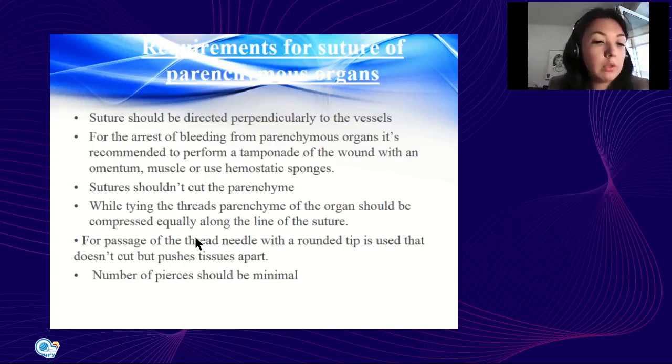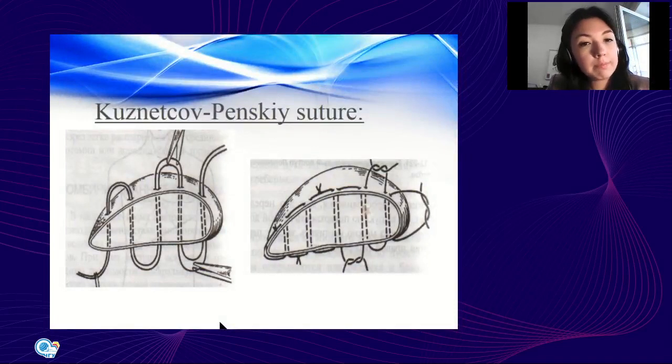We have said about it also at the lecture about surgeries on the vessels. If such a needle meets on its way a vessel, for example, or nerve, it won't pierce it. It will move it away and continue its own movement, yes? And so number of punctures should be minimal. The less, the better, in case of suture of parenchymal organs.